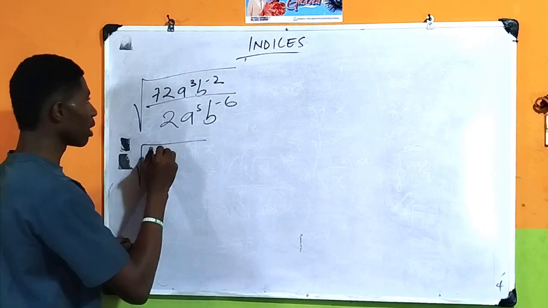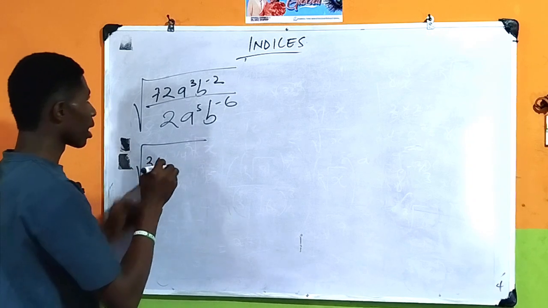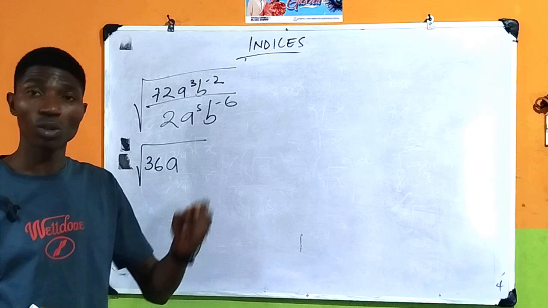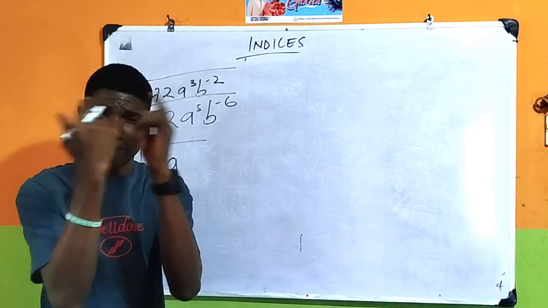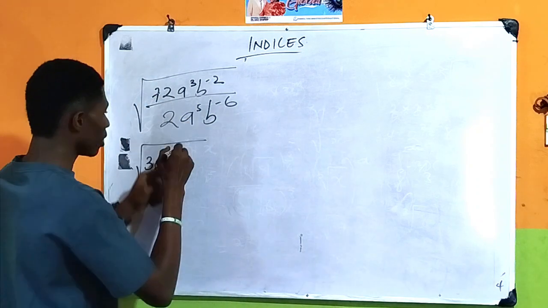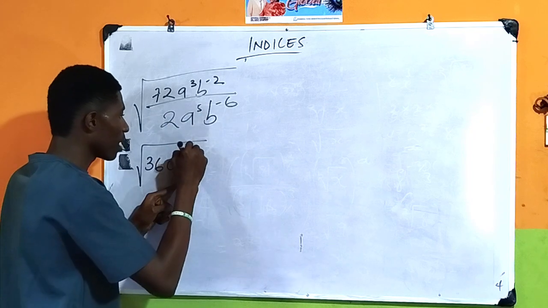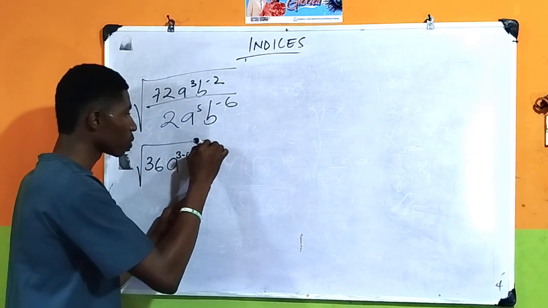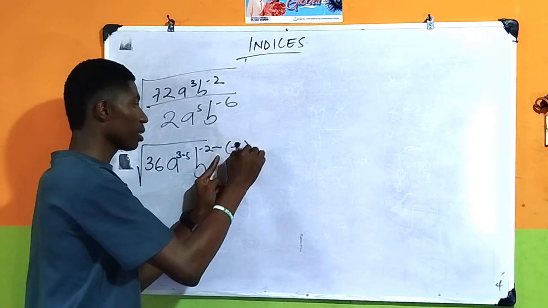So I have 72 divided by 2, which is 36. And I have a cube, according to the division law of indices. When dividing similar bases, we subtract their powers or exponents. So hence I have a cube minus 5. The same thing to b, I have b power minus 2 minus minus 6.